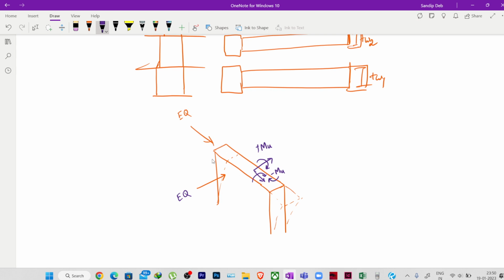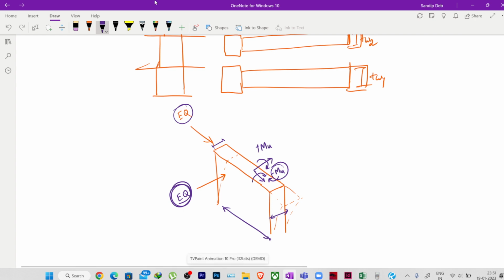If you see, as the dimension along this axis is higher, we will have higher stiffness in this direction, and obviously higher resistance to this force. But as the thickness is very less in the other direction, the shear wall can resist this moment in a very poor manner, because the stiffness is very less along this direction.